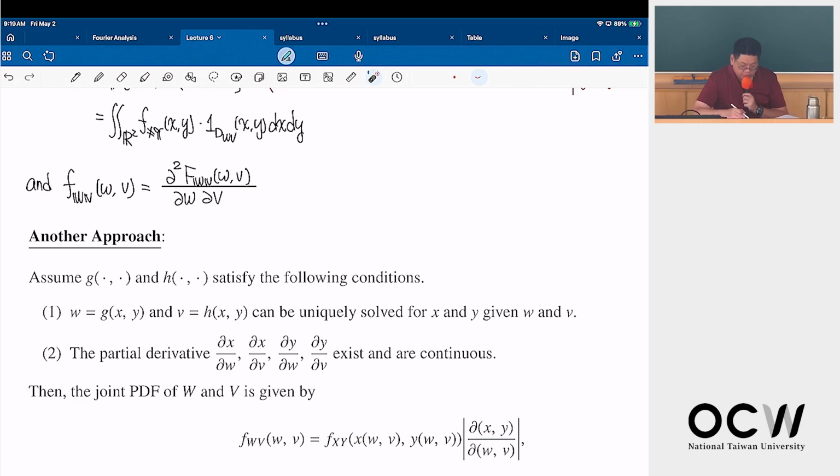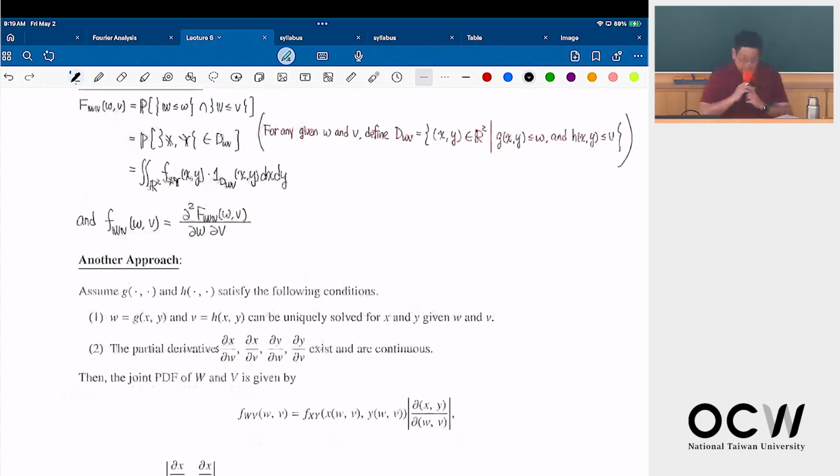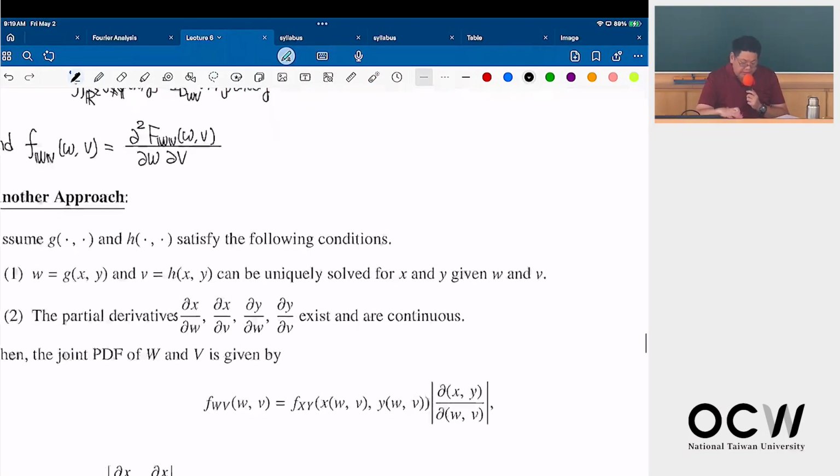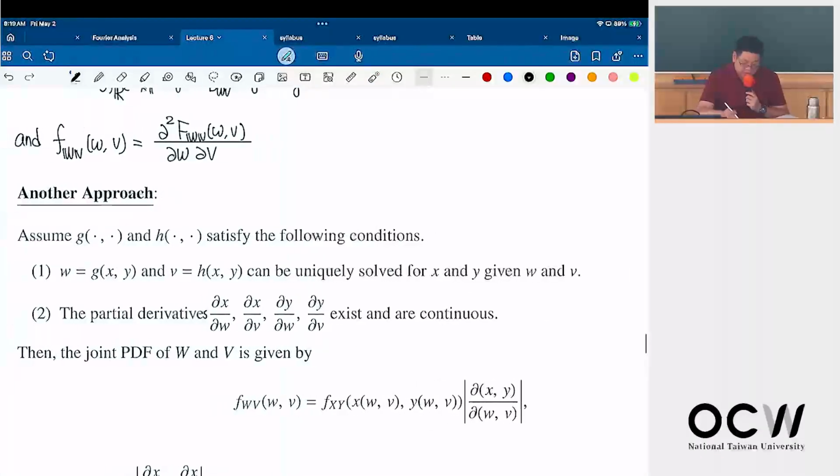And then the partial derivatives, partial x over partial w, partial x over partial v, partial y over partial w, and partial y over partial v, exist and are continuous. In this case, we can find a joint PDF of w and v.